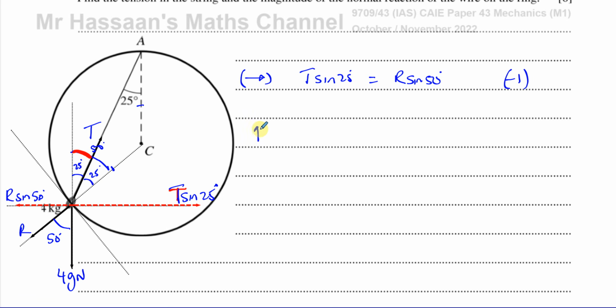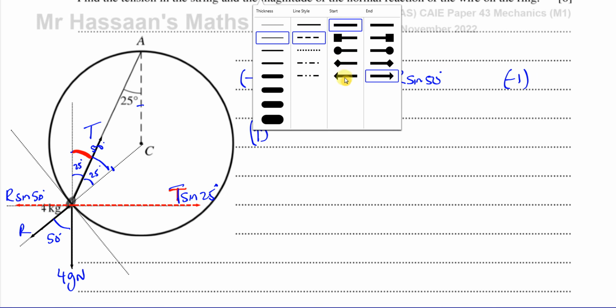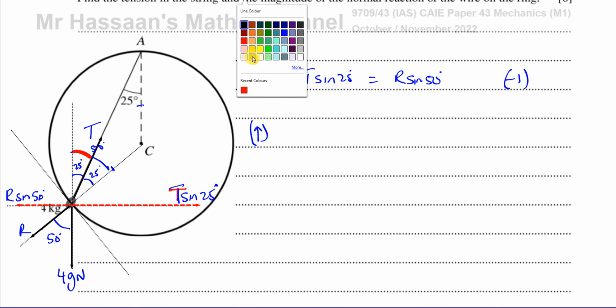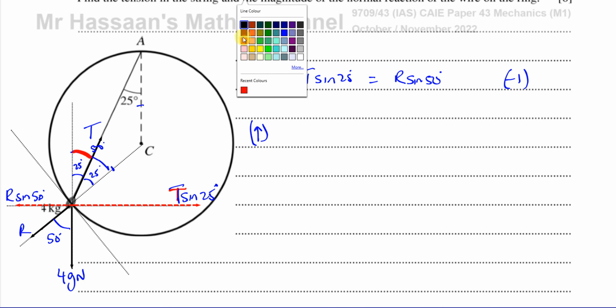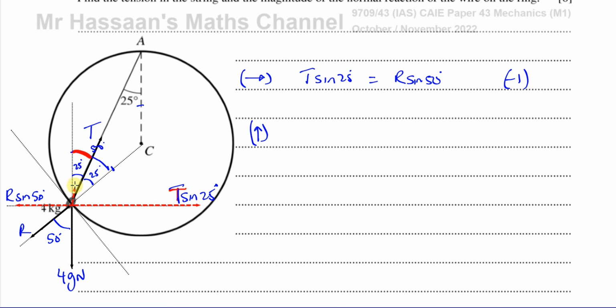If I look at the vertical components of the force, I have the tension and I want to resolve it vertically. So what I'm going to do is I'm going to draw it like this in a different color as well. I'll draw this upwards. So this force resolved upwards and the reaction force has to be resolved downwards as well.